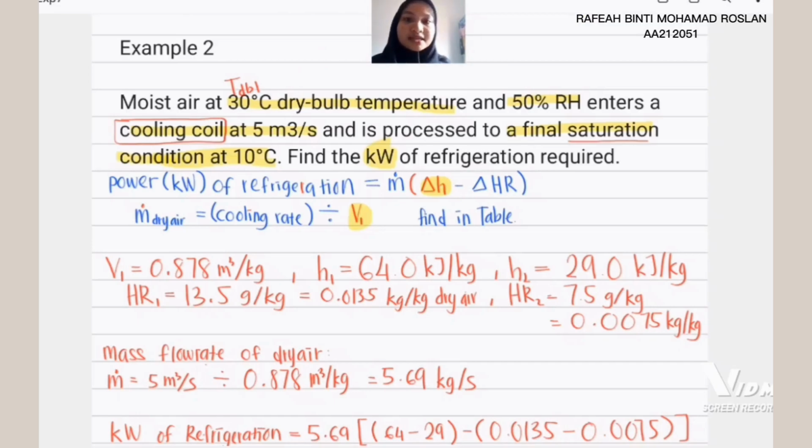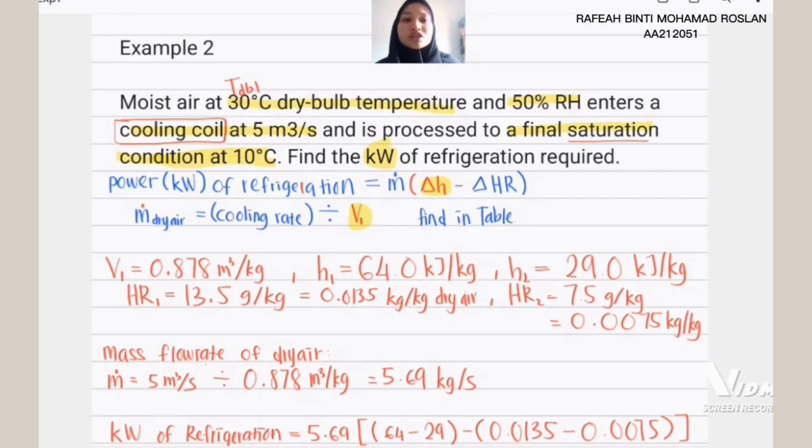Example number 2. Moist air at 30 degrees Celsius dry bulb temperature and 50% RH, relative humidity, enters a cooling coil at 5 cubic meters per second and is processed to a final saturation condition at 10 degrees Celsius. Find the kilowatts of refrigeration required.